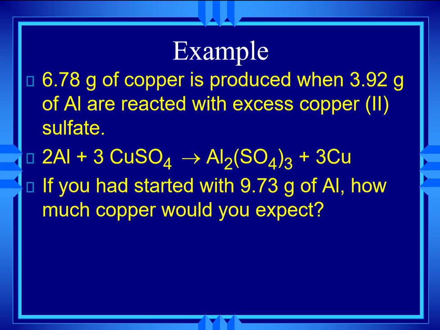If you'd started with 9.73 grams of aluminum, how much copper would you expect? So now you know the percent, and you can figure out the theoretical. If you know the percent and can figure out the theoretical, then you'll be able to figure out how much the actual was.